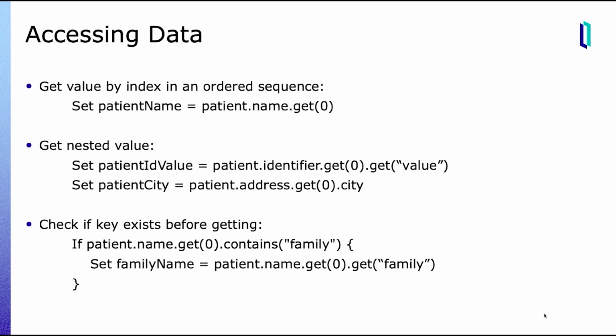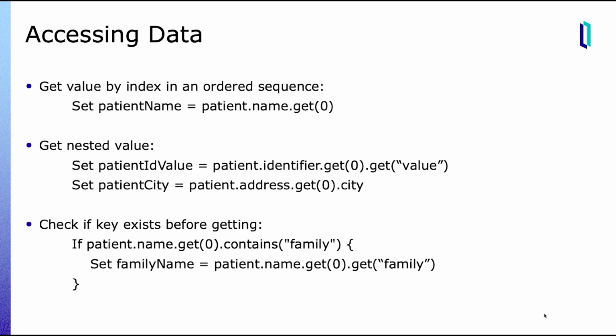You access data by using the get operator. So a patient has a name. FHIR allows you to support multiple names for a patient, so you are accessing a name using get 0. Give me the name at the first location.